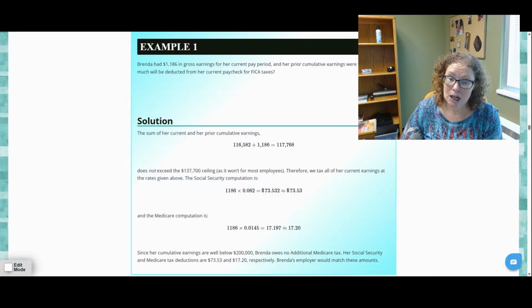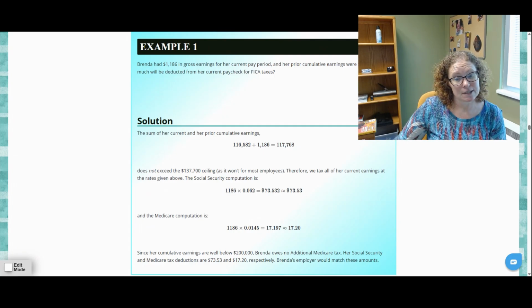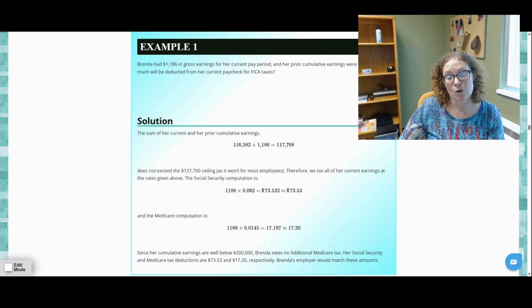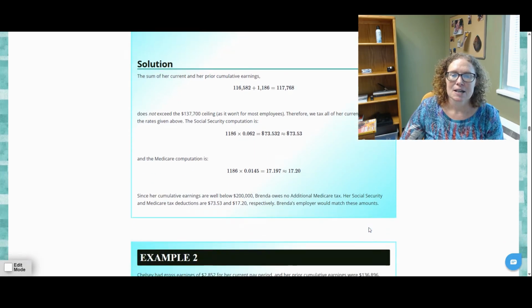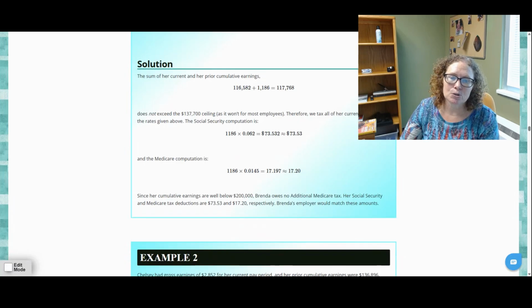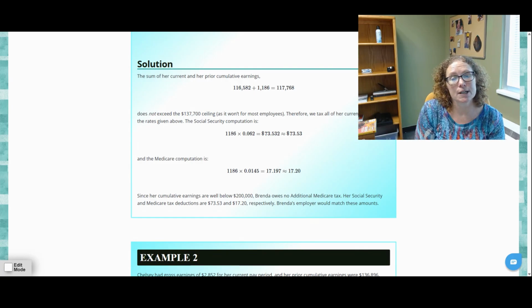Then the Medicare computation would be the $1,186 times the 1.45%, and that's on the whole thing, so we don't have to look at the portion, and that's $17.20. So since her earnings are below $200,000, she would not owe the additional Medicare tax. So her Social Security would be $73.52, and the Medicare would be $17.20.